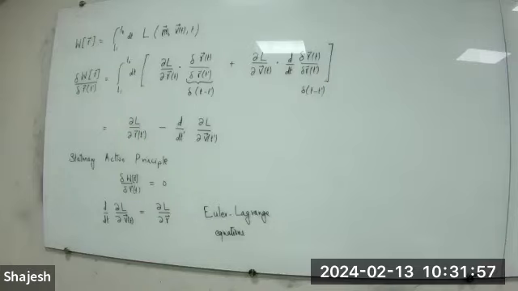So Newton's law is d by dt of mass times velocity, at least for conservative forces. If it was gravity, the gradient of the gravitational potential energy gives me the force.